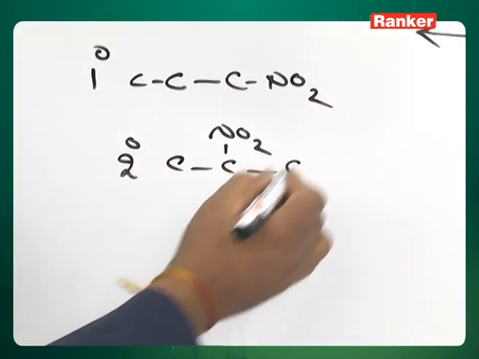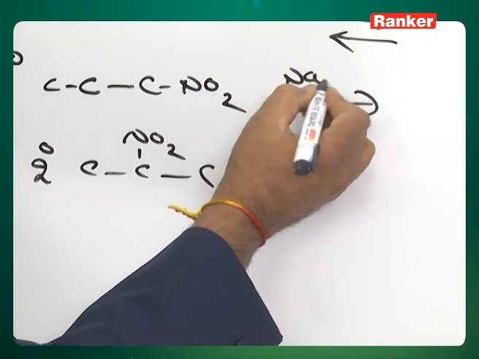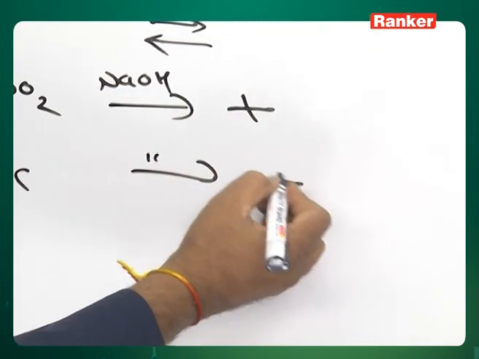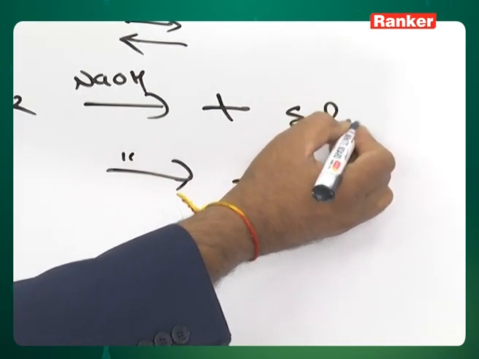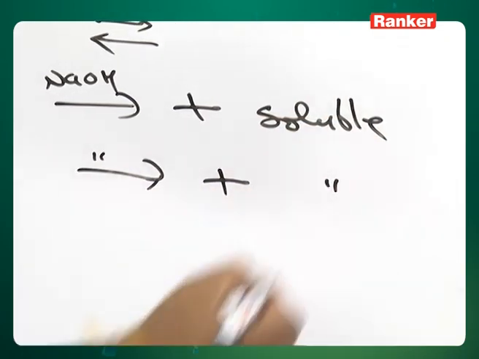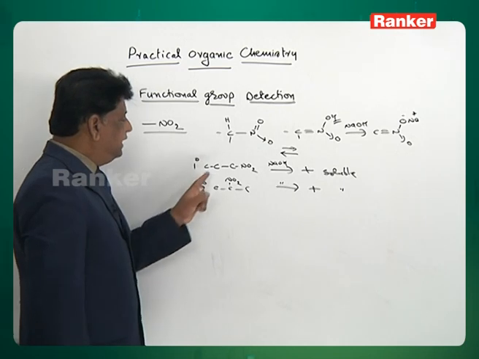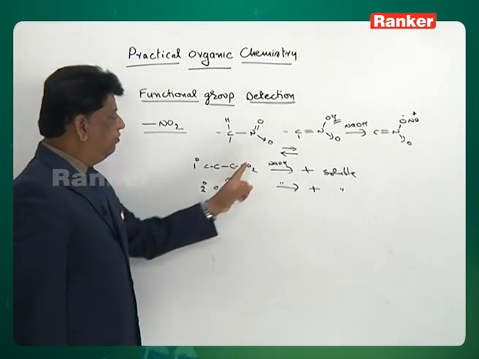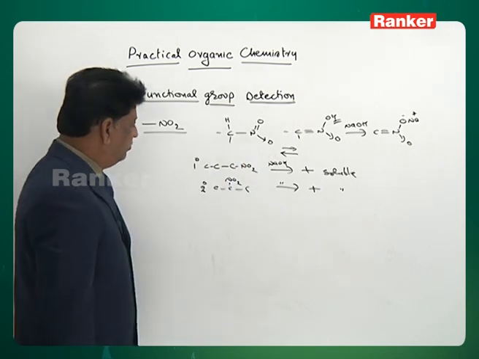Both of these, when you add sodium hydroxide, get dissolved, soluble, because both are acidic in nature. Here hydrogens are there, they show acidic enol formation and then salt formation.